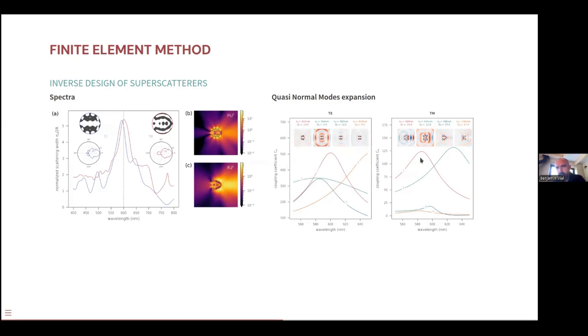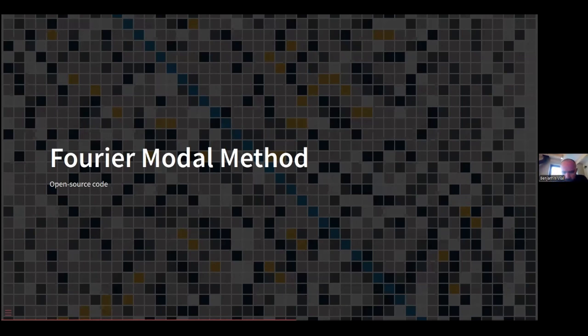But for the TM polarization case, you've got modes from one side and the other of the design wavelength, 600 nanometers, that were excited more or less with the same magnitude. So we were able to tell which resonances are being excited by an incident plane wave.